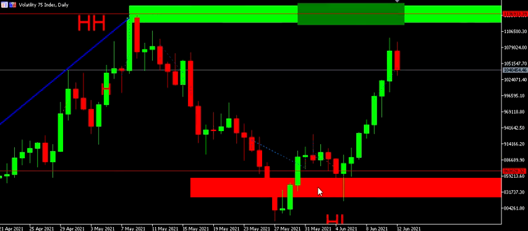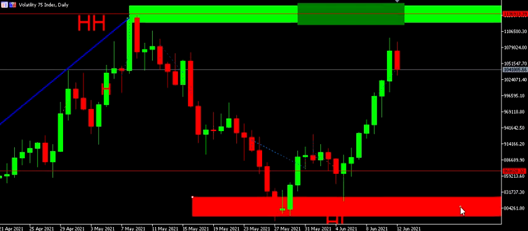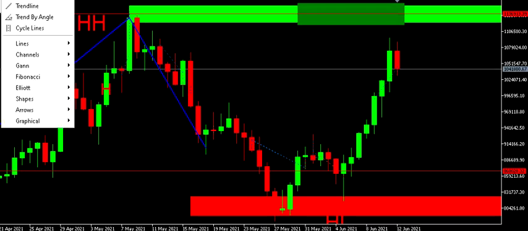This is where we have the higher low on the weekly time frame. But right now we're on the daily time frame, and we can see what price has done. Price went down to this level for us to have a low. We have a low price point at this level.